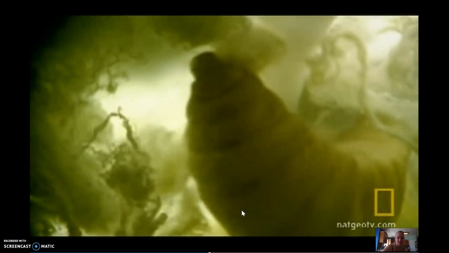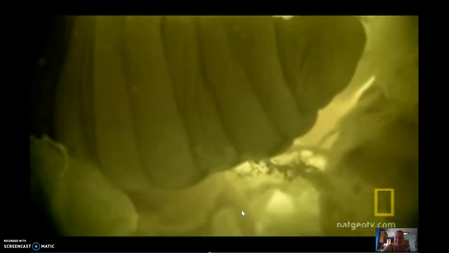Each is the size of a grain of rice, but together they account for over a third of the caterpillar's weight. So a wasp laid its eggs in this caterpillar. The larvae have not yet finished growing and need to keep their host alive. So although they feast on the caterpillar's blood, they have been careful not to touch a single one of its vital organs.